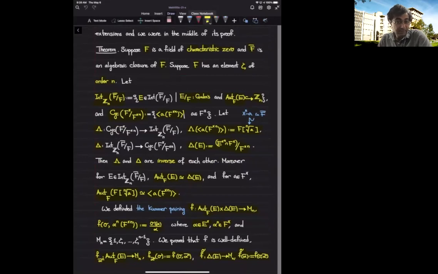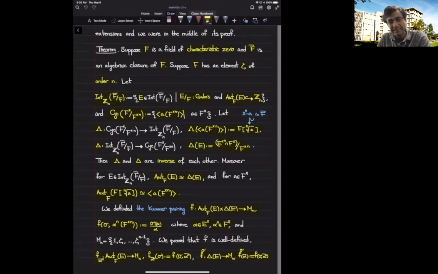Notice that if I give you a group homomorphism from F cross to Z sub n, then all the elements raised to power n would be in the kernel of such a group homomorphism, and therefore such a group homomorphism factors through F cross over F cross to the n. And because the image of such a group homomorphism is a subset of the cyclic group Z sub n, it is cyclic as well.